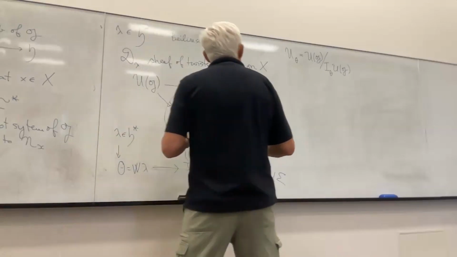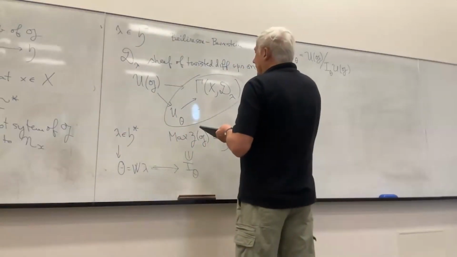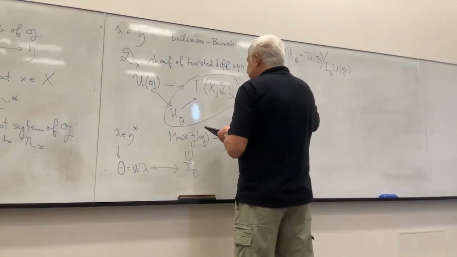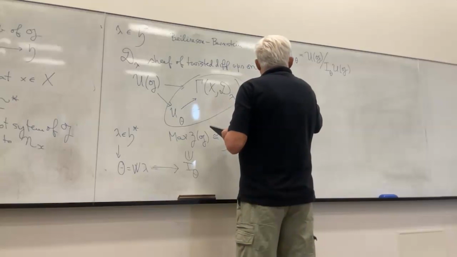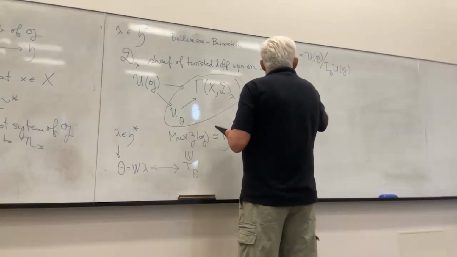And the second result is that higher cohomologies of D lambda are 0.